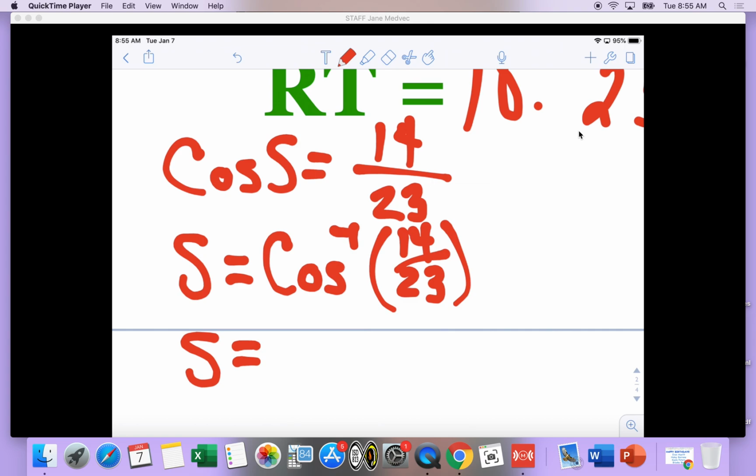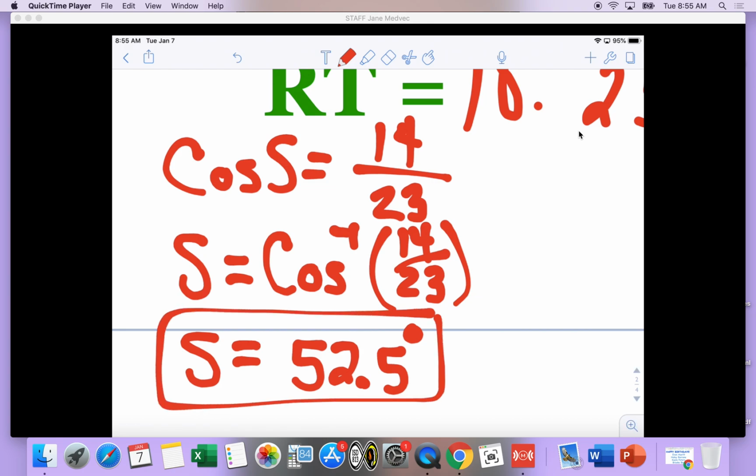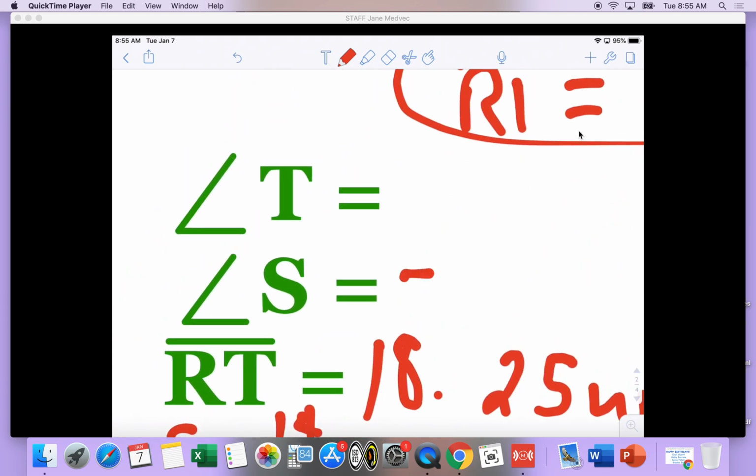What do you got? 52.5, and it would be degrees. Questions? Did I go too fast? Do I need to re-explain? Okay, so S, I'm going to come up here and go 52.5 degrees.